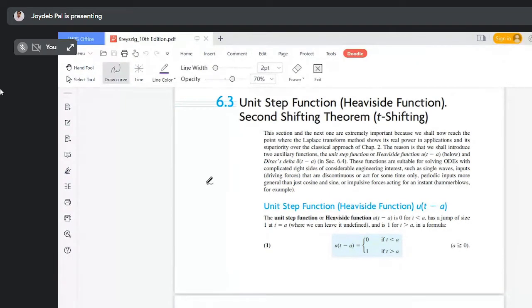No, meaning have you seen a graph with step size 1, like this? From minus infinity to 0 it is 0, and from 1 to infinity it is 1. So it is a graph with step size 1. That height is 1, the unit of the height, that is 1.